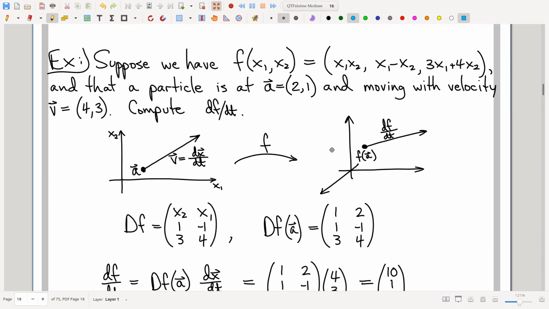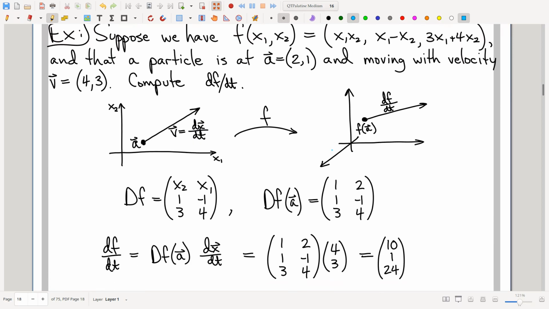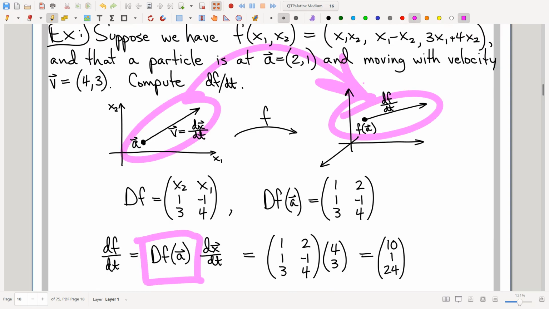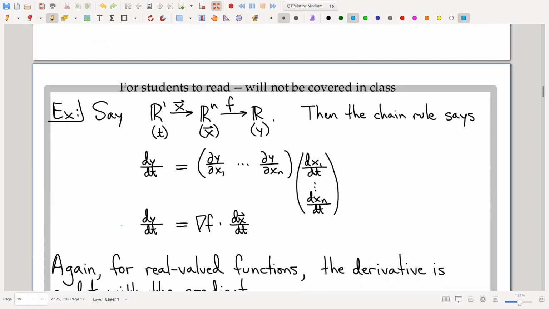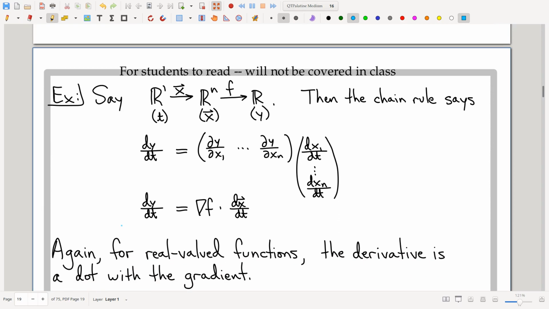And again, this example is old news. The derivative matrix is what you multiply by input velocity, which you'll notice was given, to get output velocity, which you'll notice is what we wanted. So there's really nothing new in this example. It could just as well have been a section 2.3 example.